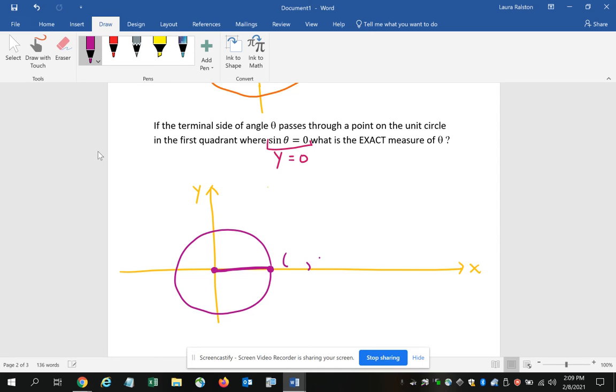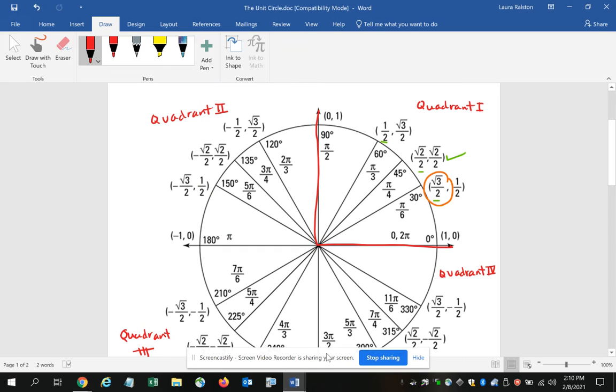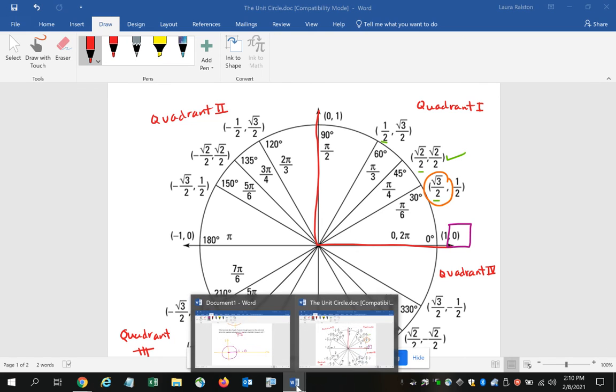Again, I don't know what the x is, and I don't have to know that, but it says sine of theta is 0, or same thing, y is 0. So it looks to me like I haven't rotated at all, so I'm going back over to my unit circle and finding where the sine of theta, or y, is 0, which is right here, which does correspond to 0 degrees or 0 pi.